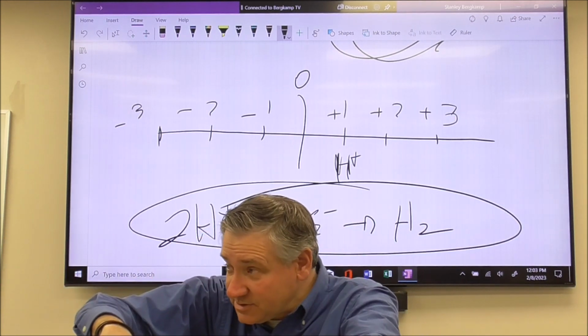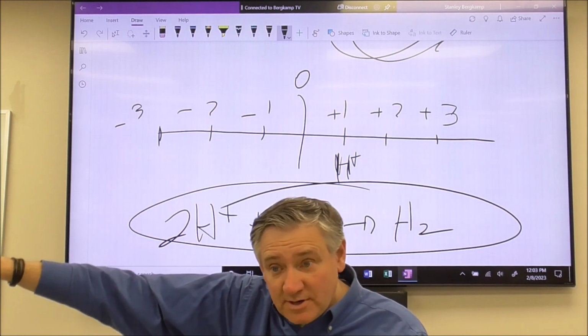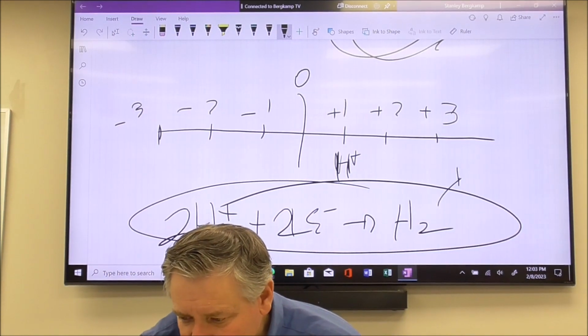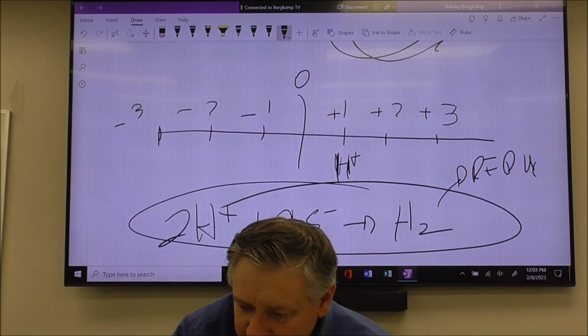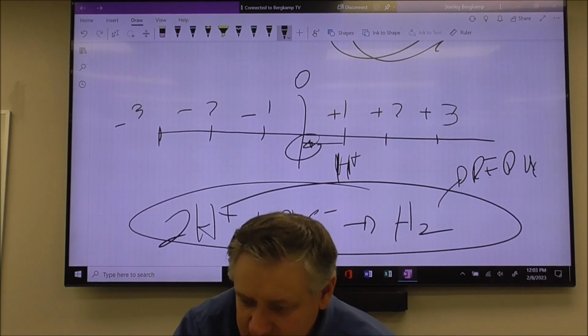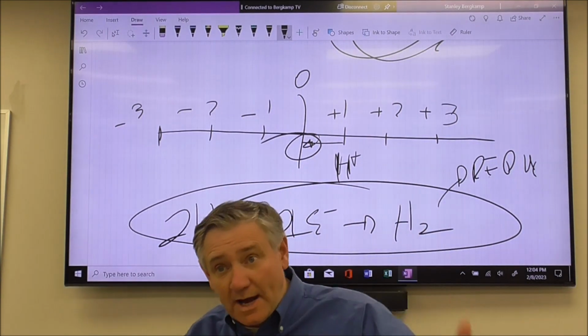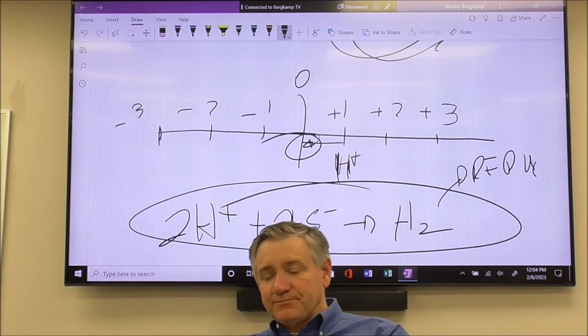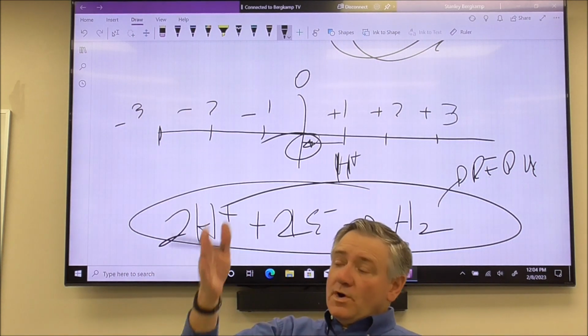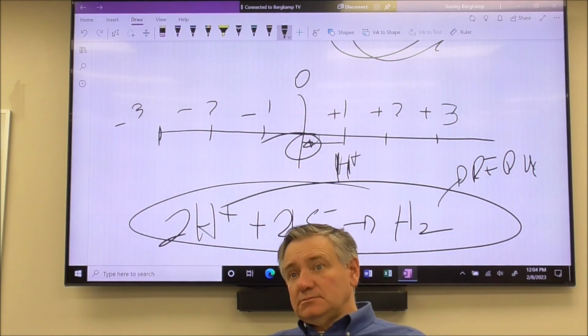So if you look at that reduction chart, this is going in that direction. So this is reduced. Okay? Now, we went from H+ to 0 because we're forming elemental hydrogen. So elemental hydrogen has an oxidation state of 0. Now, where did the magnesium start? 0.